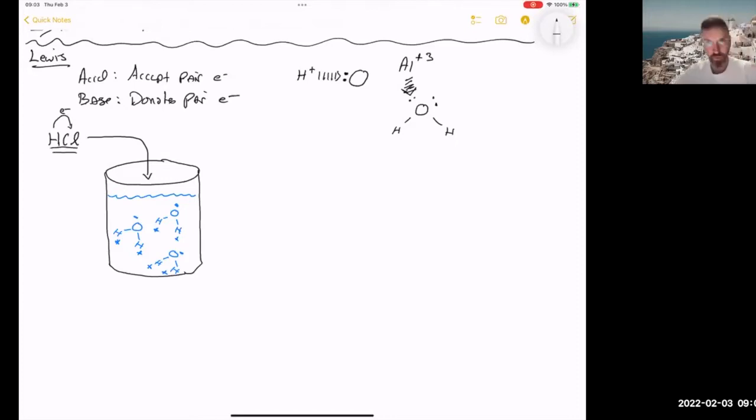When hydrogen chloride is dissolved in the water, it'll dissociate. The hydrogen, because it has lost an electron, is going to be more positive. It is going to be attracted to the oxygen.